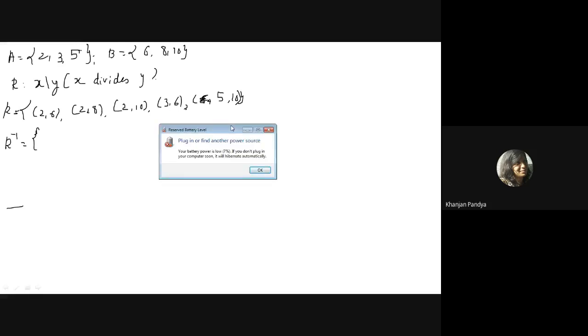You have to define R inverse and find out all the answers, the range of R inverse and the domain of R inverse. Yes, if anybody is having any question, then please ask me. Just a second.